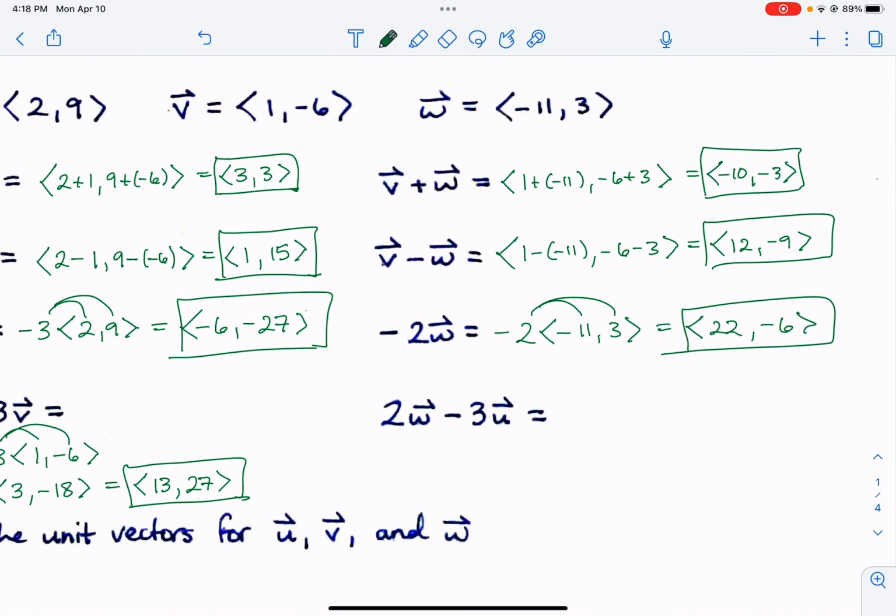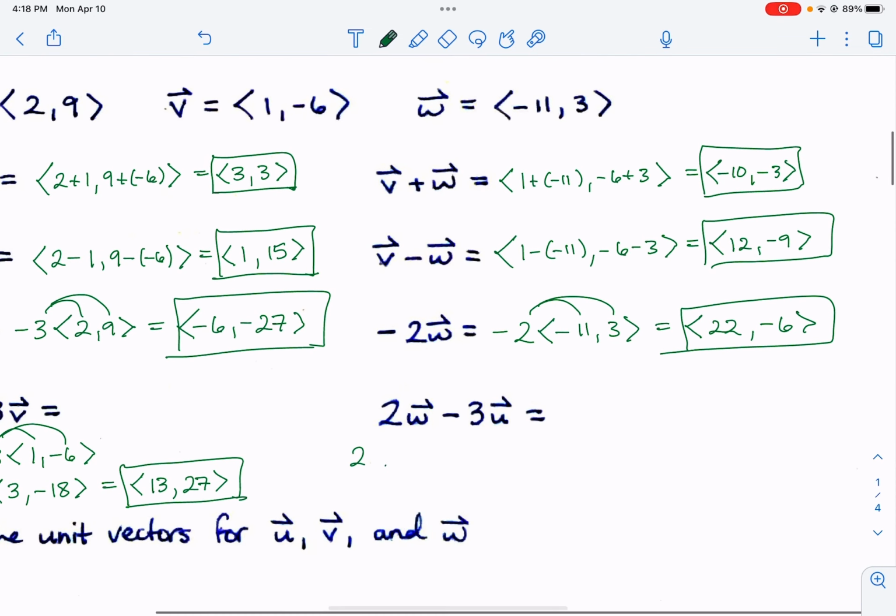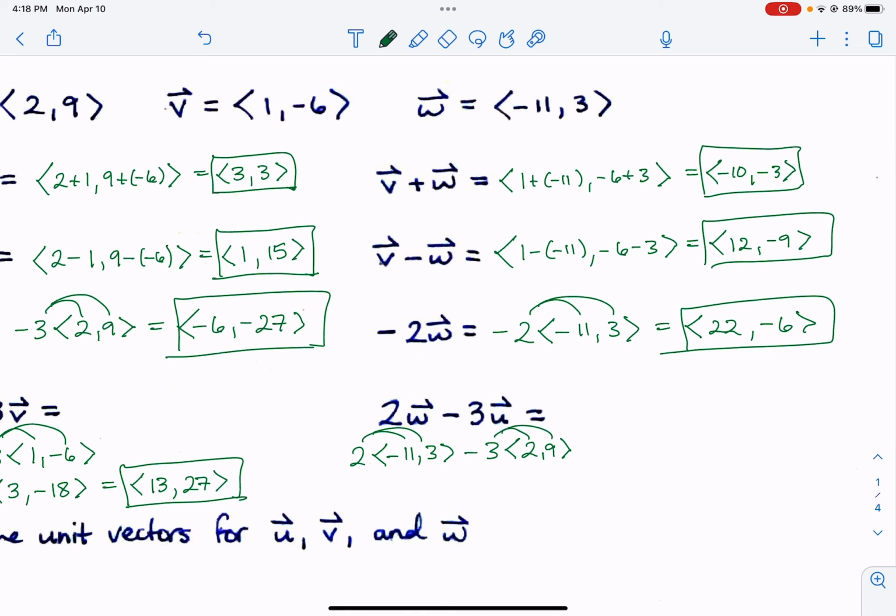Let's go ahead and just do this one as well. So 2 times this vector minus 3 times vector u. Again, distribute the 2. I'm going to go ahead and distribute the 3 and just leave the minus out in front there. If you go back to the handout, I showed y'all 2 approaches to do scaling when your scalar has a negative there and you're combining a bunch of stuff.